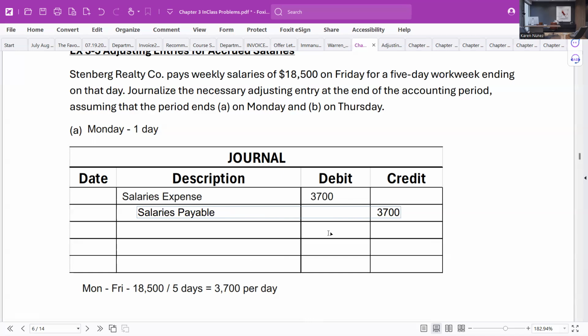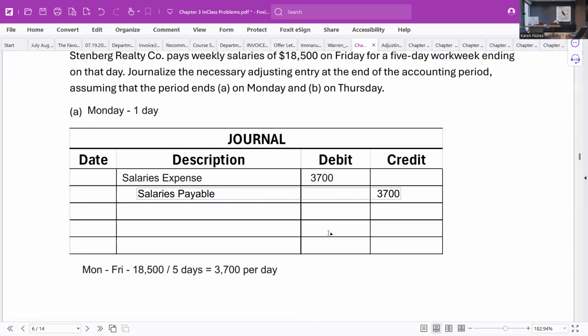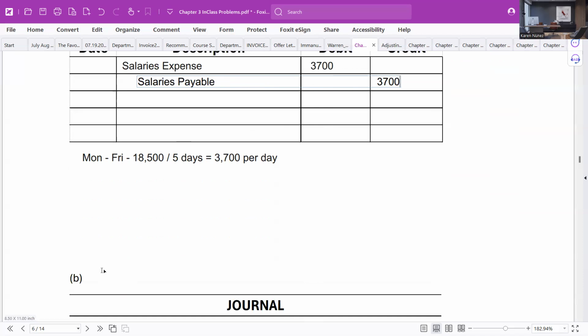But let's change the assumption. Let's assume that it's not Monday. In part B, it's Thursday. Part B is Monday through Thursday, which is in fact 4 days, right? So now we need 4 days.